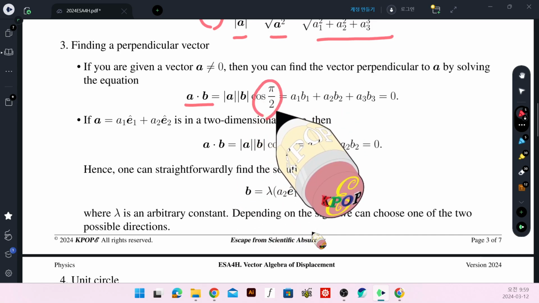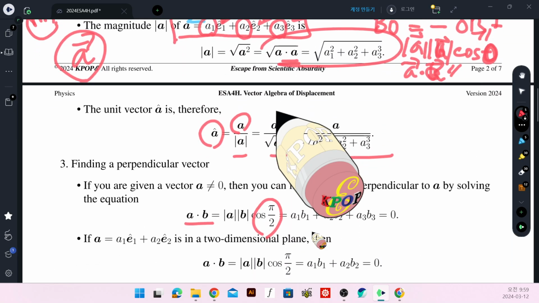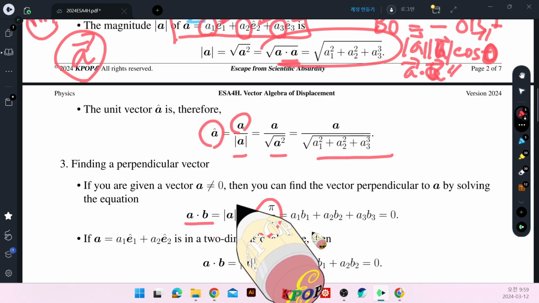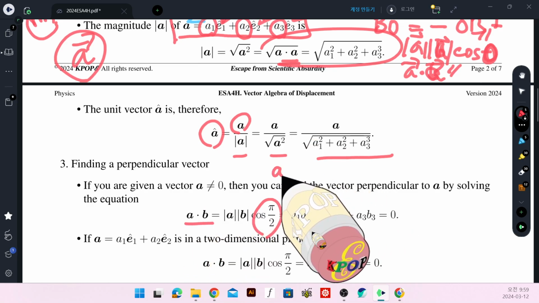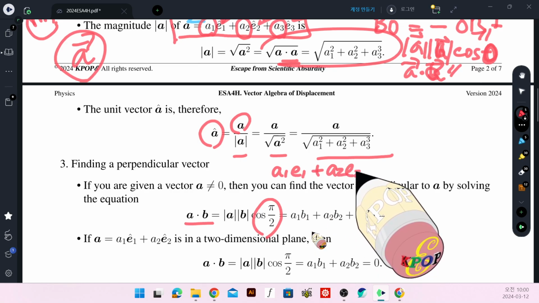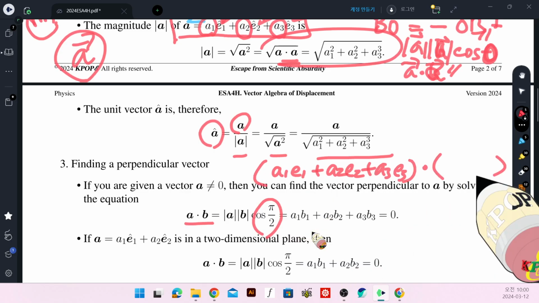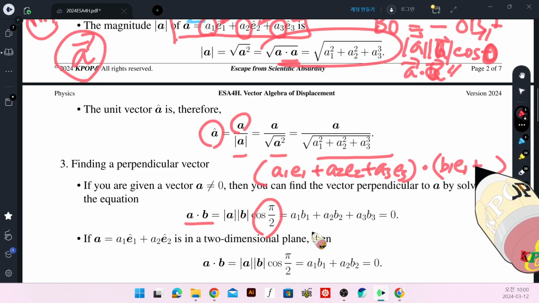If I make use of the Cartesian coordinates, the scalar product of the two vectors will give A1 E1, A2 E2, A3 E3 dot B1 E1, and so on.